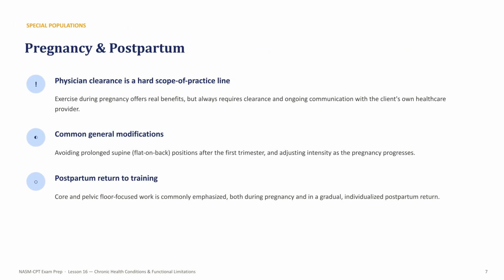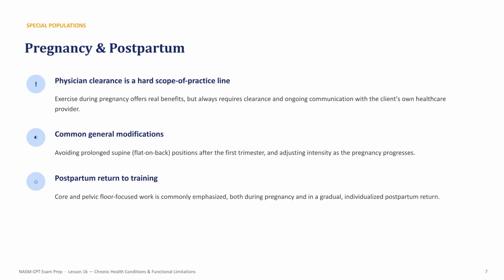Now let's look at pregnancy and postpartum. Physician clearance is a hard scope of practice line here. Exercise during pregnancy offers real benefits, but it always requires clearance and ongoing communication with the client's own healthcare provider. Common general modifications: avoiding prolonged supine, flat on back positions after the first trimester, and adjusting intensity as the pregnancy progresses.